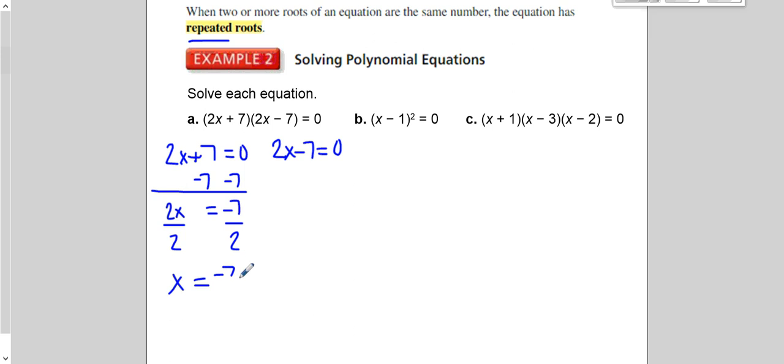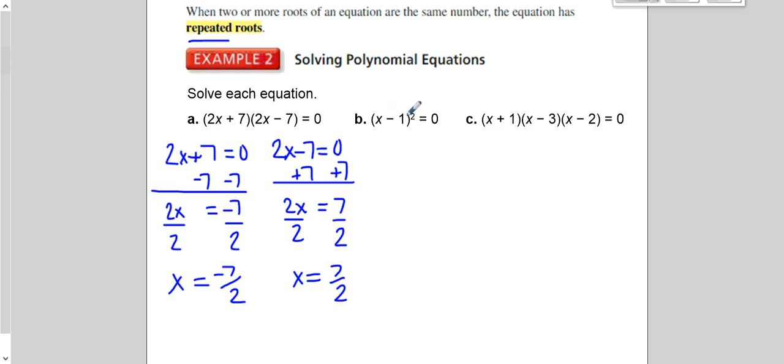It's okay to leave it as a fraction. X equals -7/2. Now solve the other one. And there's our two answers for number 2A.